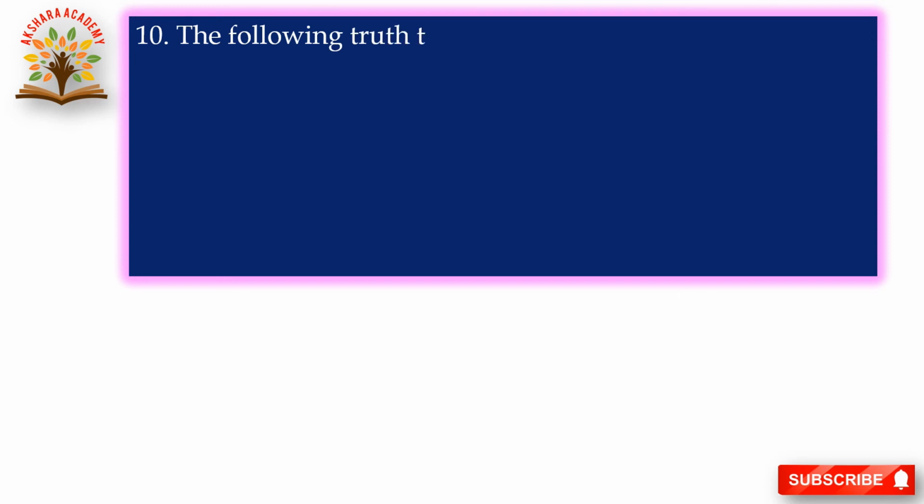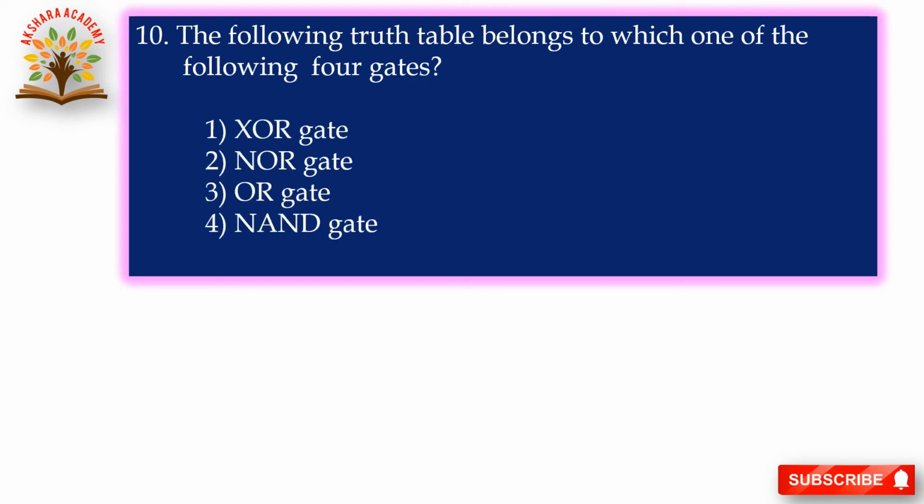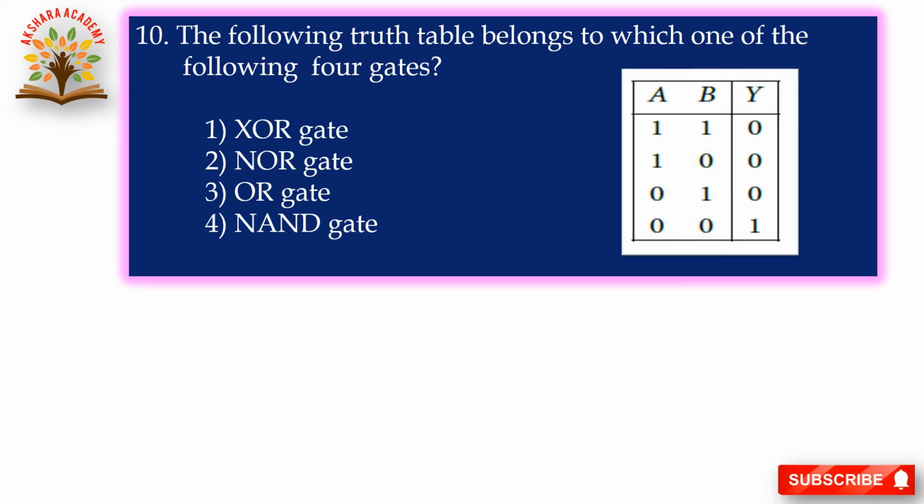The following truth table belongs to which one of the following 4 gates? Here are the truth tables, this is the truth table. Now A, B and Y is equal to A plus B bar.